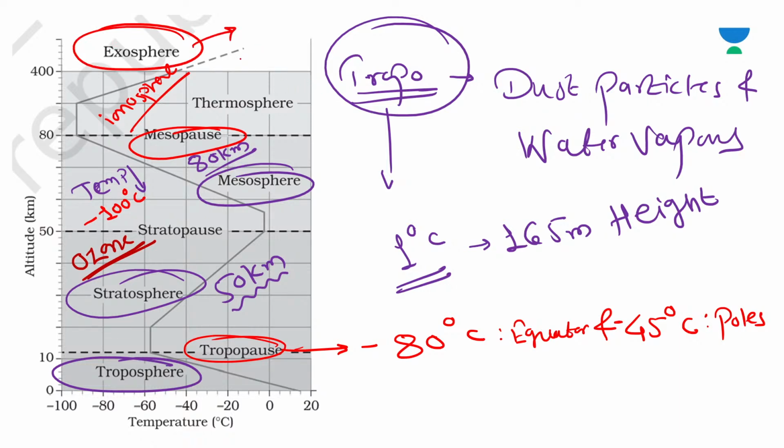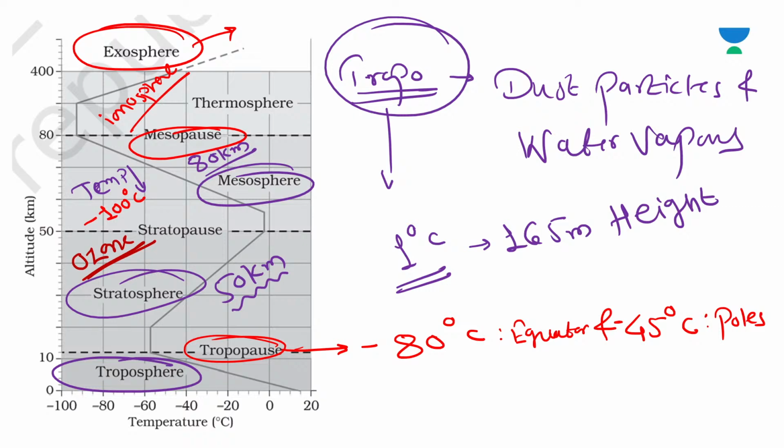So friends, this is the highest layer, but very little is known about it, and whatever contents are there are extremely rarefied. In this layer, it gradually merges with the outer space.